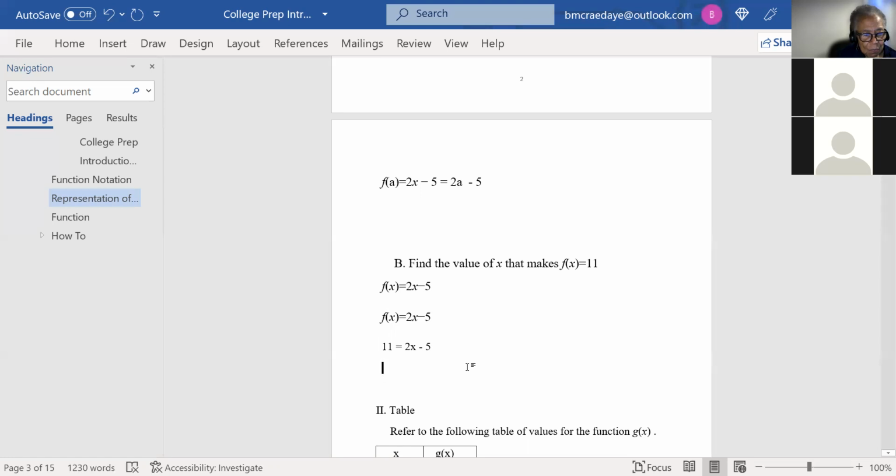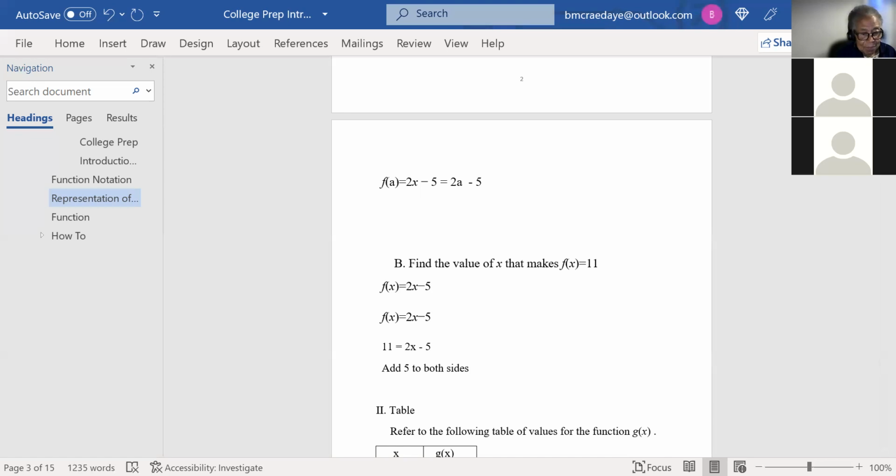How is 5 connected over here on the right? What operation? How is 5 connected to 2x? Subtraction. What's the opposite of subtraction? Addition. That's right. So you want to add 5 to both sides.